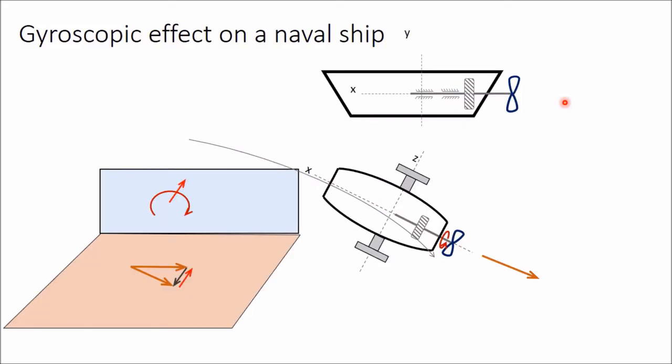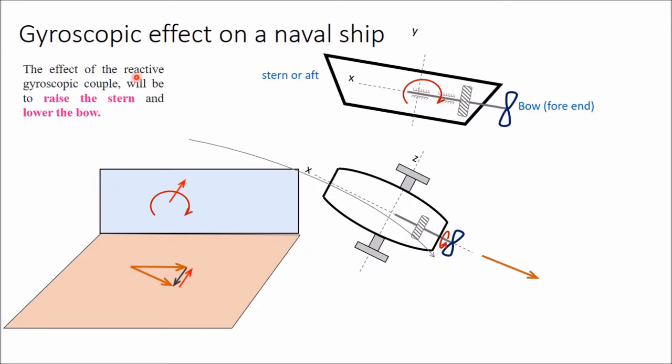The effect of this clockwise couple will be shown in the front view, which is drawn in the vertical plane. The effect of this couple is to lower the bow. So the effect of the reactive gyroscopic couple will be to raise the stern and lower the bow. In this way you can determine the effect of gyroscopic couple in different conditions.